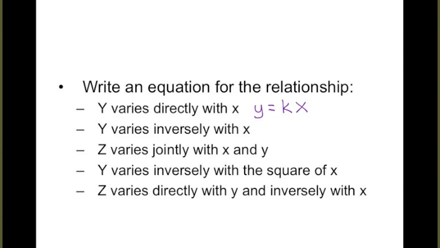You will have a k in every single problem. Okay? Direct is a multiplication relationship where a constant is multiplied by your variable. So next one, y varies, so y equals. Inversely, so that tells us it's going to be a division relationship, and when we have that, our constant's always on the top of that division with x. So that tells us what variable goes on the bottom.